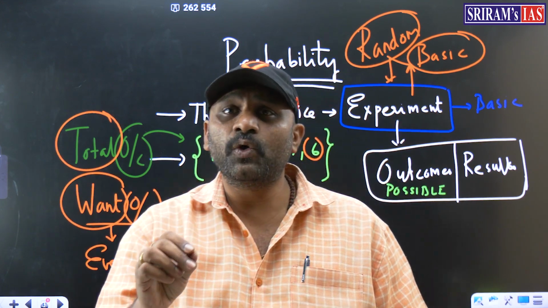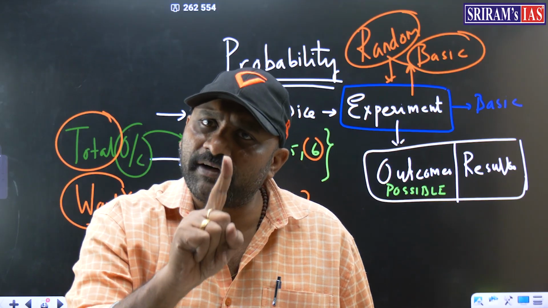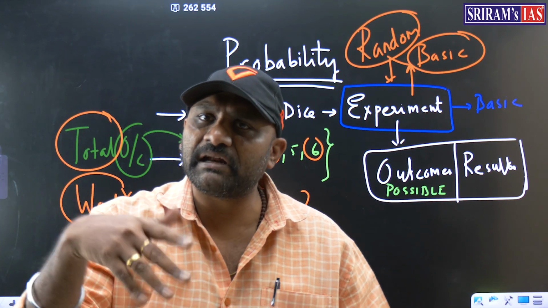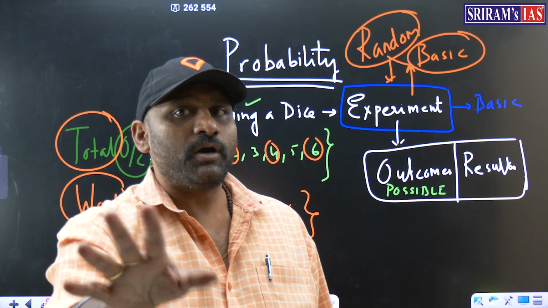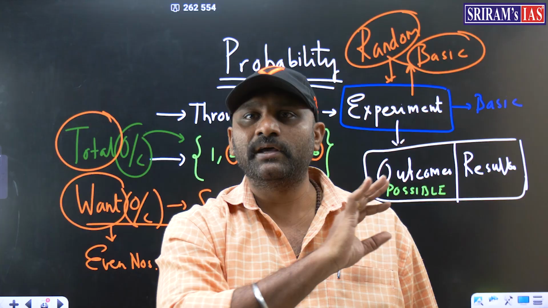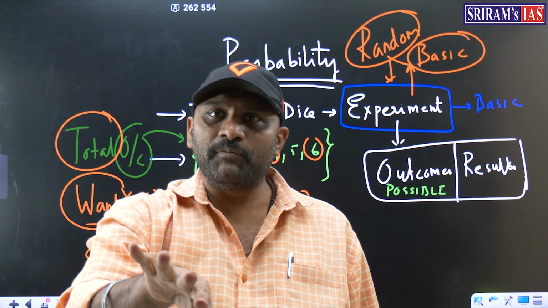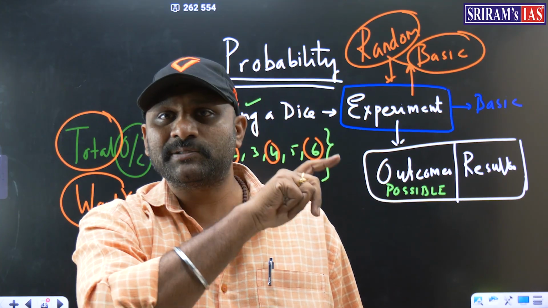Because I don't know the exact outcome. I threw the dice; can I say for sure it will be 1? I can't. Can I say for sure it will be 3? I can't. I know all the possible outcomes, but I don't know the exact outcome. That is why it is called a random experiment. Random means sudden. You don't know what the outcome is, but some outcome will come. Such experiments are called random experiments.